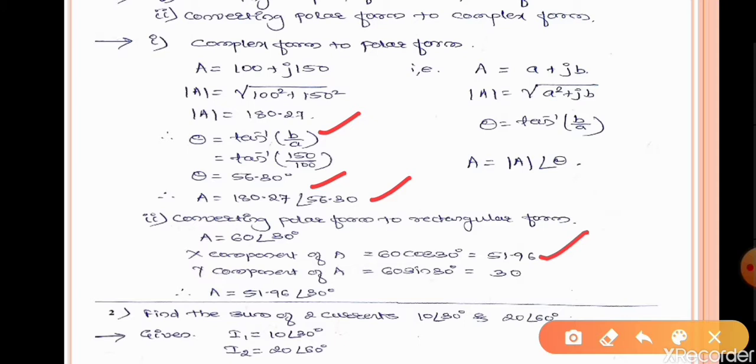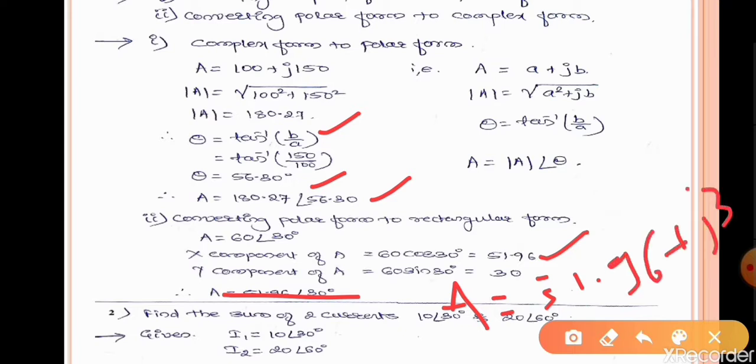So the final answer is A equal to 51.96 plus j30. That is, we are converting polar into the rectangular or the complex form.